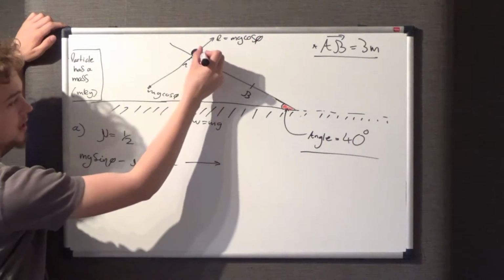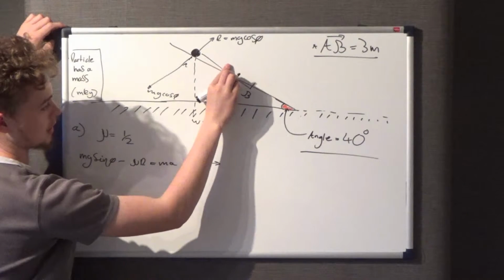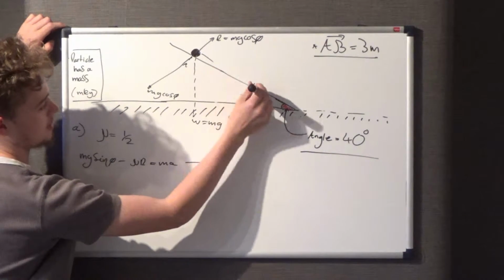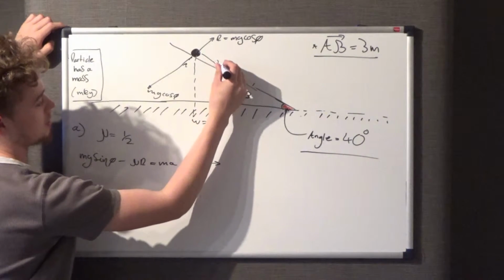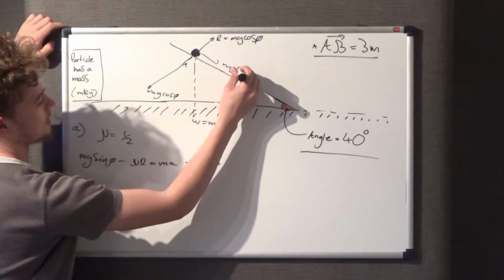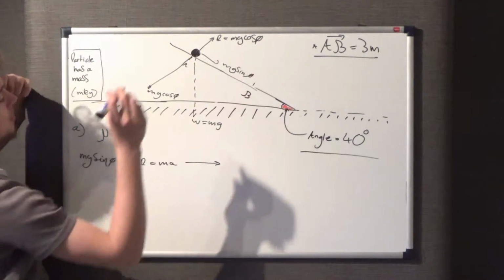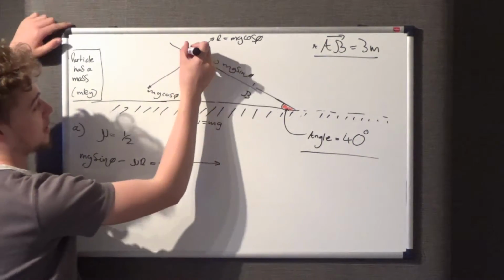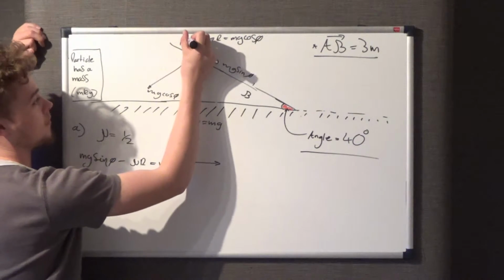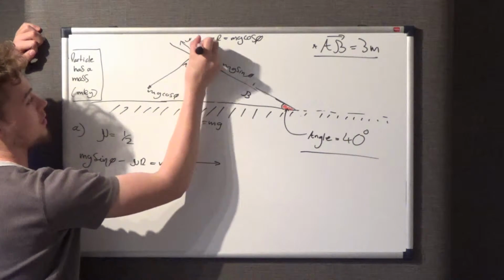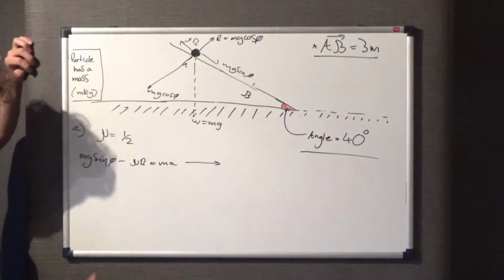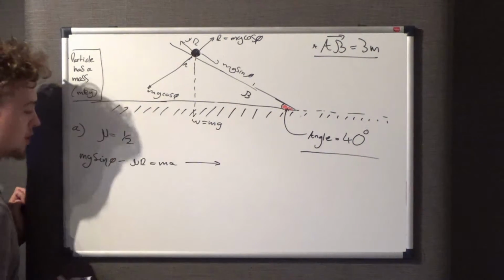Going down the plane we've got mg sine theta, and pulling up the plane, we've got mu times R, the coefficient of friction times the reaction force. So we know the reaction force is mg cos theta.